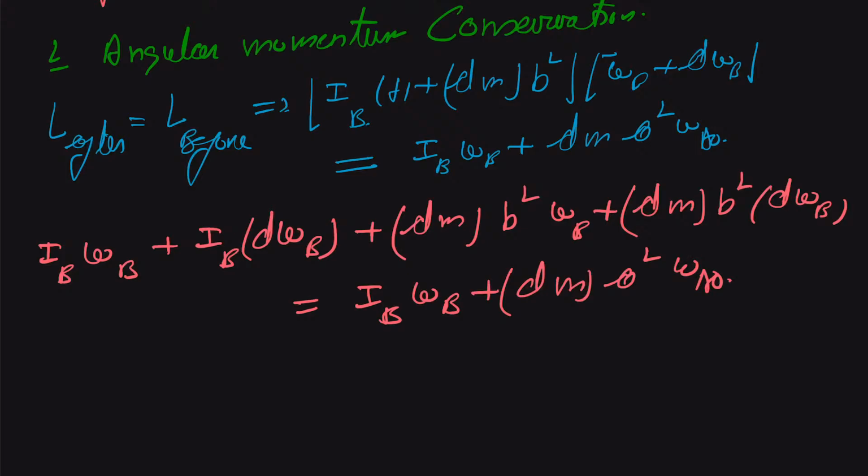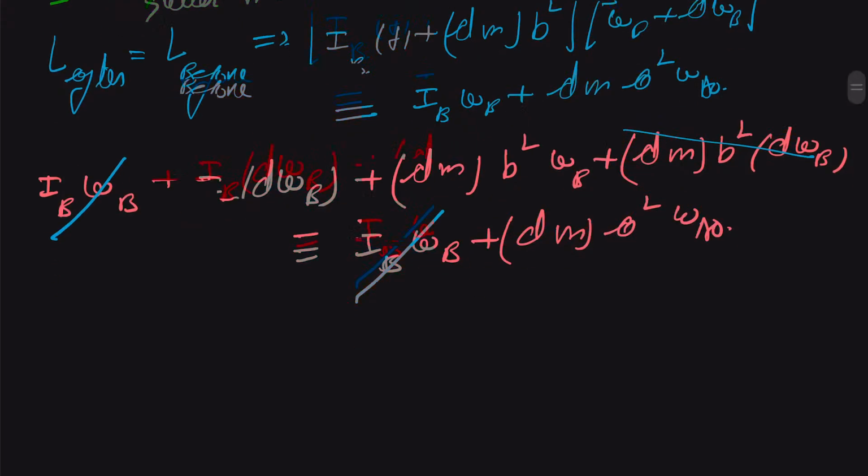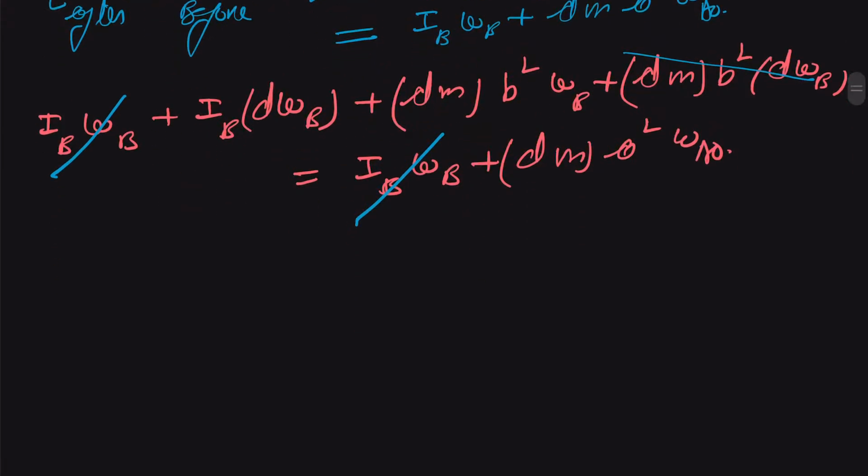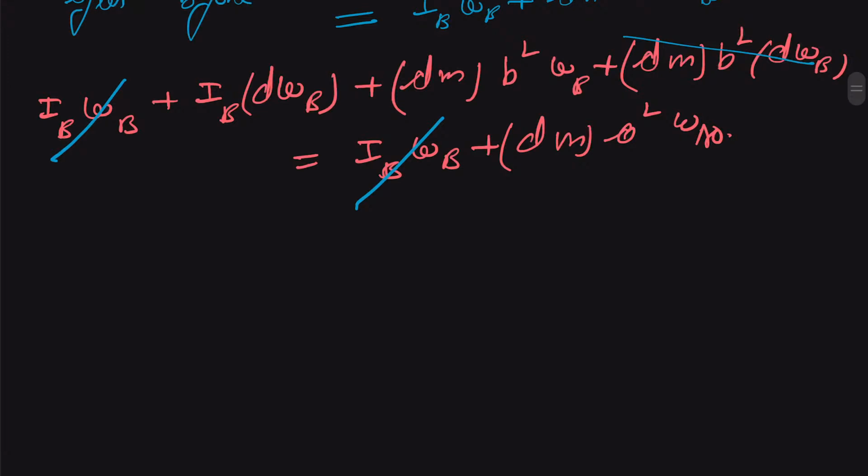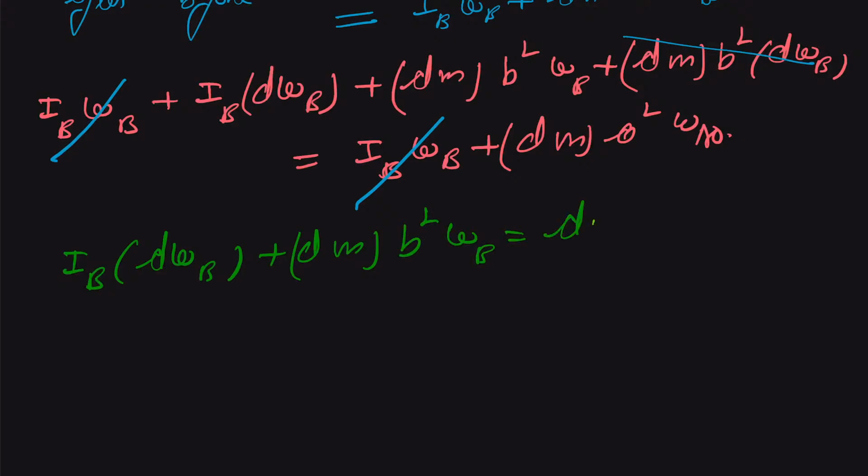And in this case we can just ignore this term, and IB omega b, they cancel out with each other. Therefore we get that our IB d omega b plus dm b square omega b is equal to dm a square omega a naught.